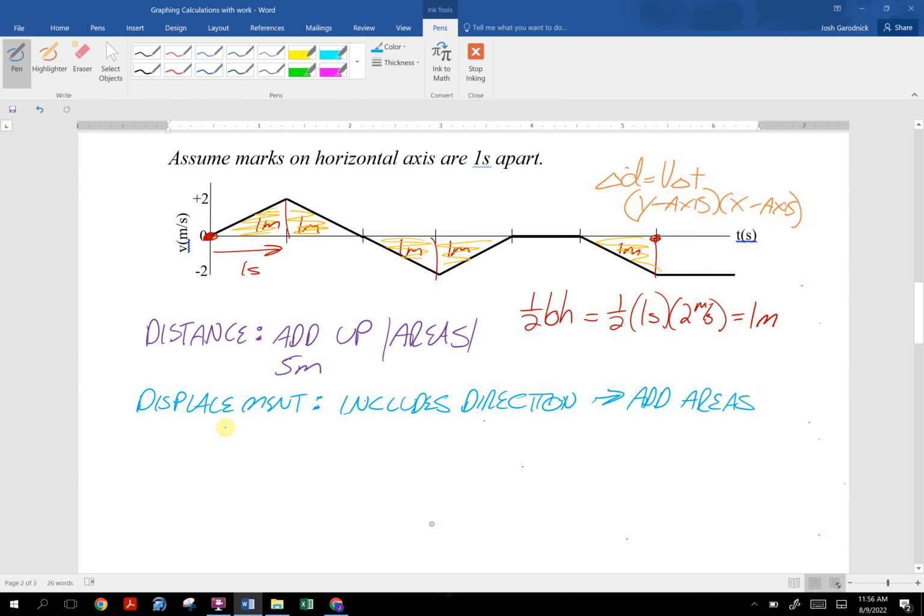Okay, so going across the graph, we have positive 1 meter plus another 1 meter, but then we have negative areas. So minus 1 meter, negative 1 meter, and then we have another negative 1 meter. So we get a displacement of negative 1 meter. Again, it's kind of like saying I took 5 steps, but I only ended up 1 meter to the left of where I started.